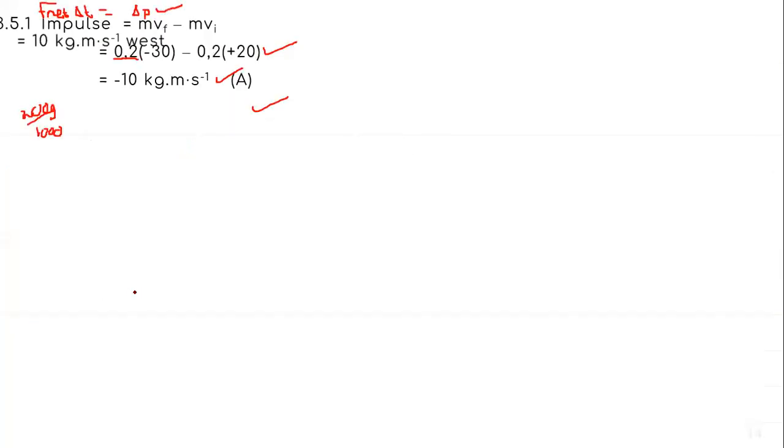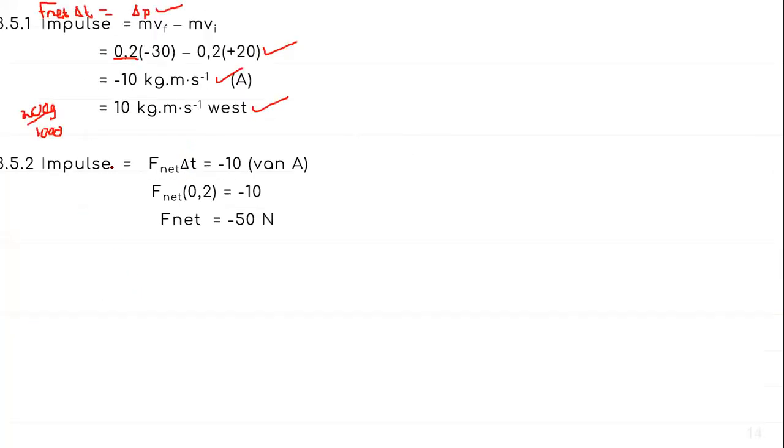Then I will use the formula impulse, which is F net delta T is equal to the change in momentum. As always, you will just start it there. F net delta T is equal to delta P.